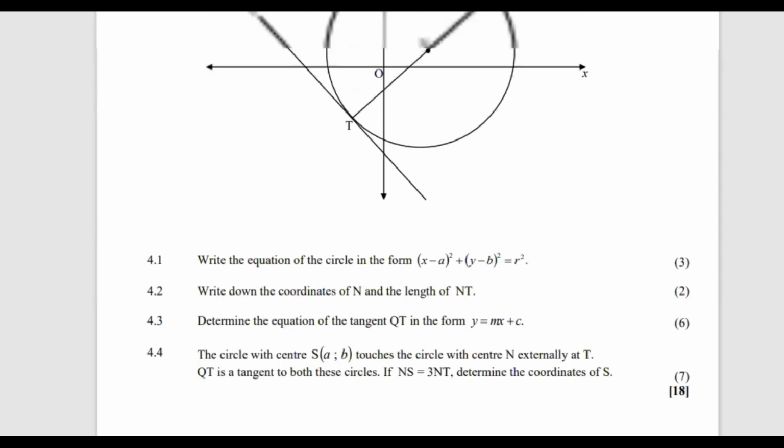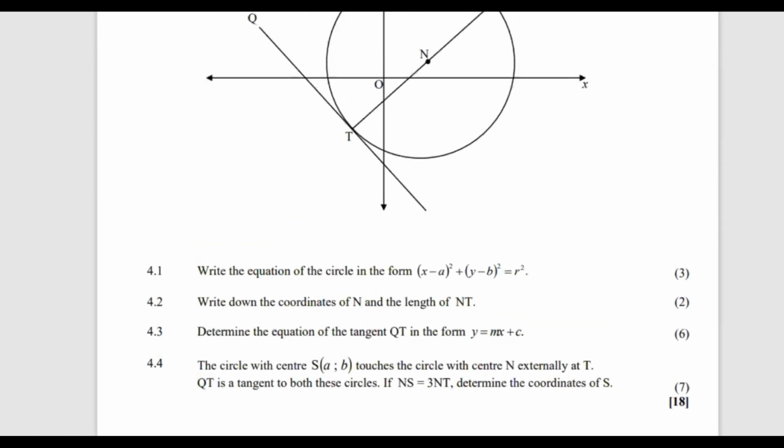So we have another circle that is touching at T. I don't know whether it's big or small, but it's fine. If this is extended, that's going to be S with A and B.